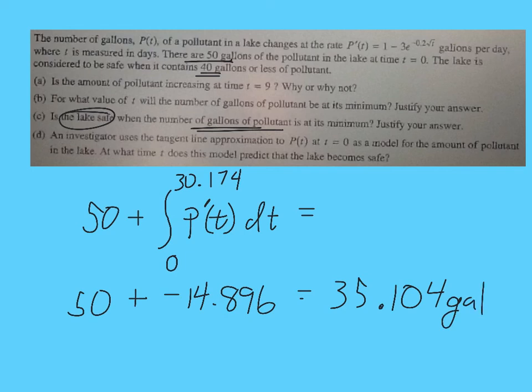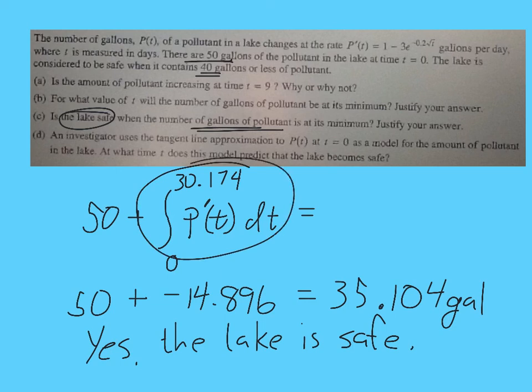So we are safe at this time. So we can say, yes, the lake is safe. So we again had to do the accumulated rate to get the total amount. So anytime we're looking for a total, we're taking the integral.